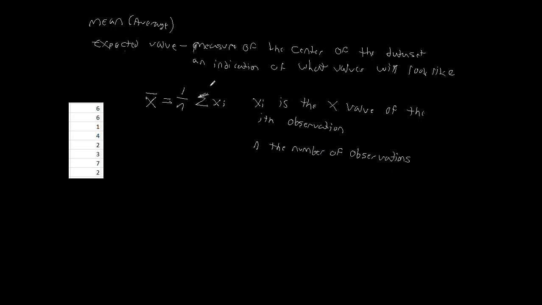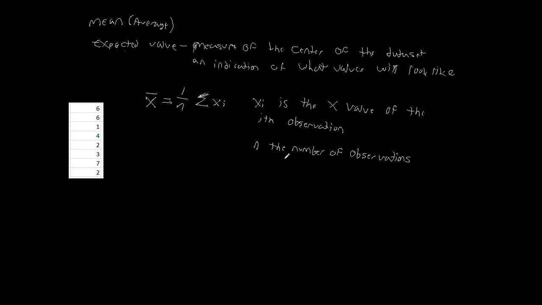Okay. So what I've done is I've copied over a random set of 8 numbers here, and I want to walk through this calculation on these 8 numbers. First of all, what does x sub i mean? X sub i is the x value of the ith observation.